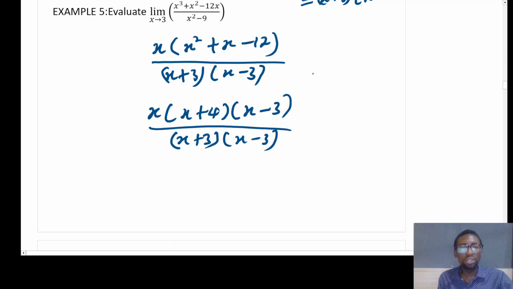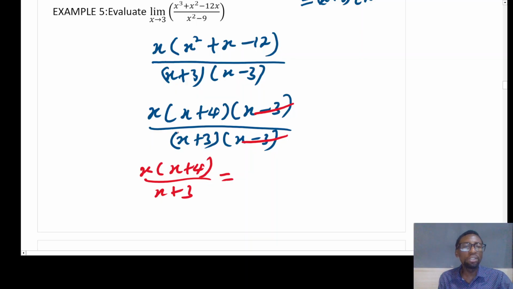So we can cancel out at this point, cancel this. So I'll be left with x bracket x plus 4 over x plus 3.